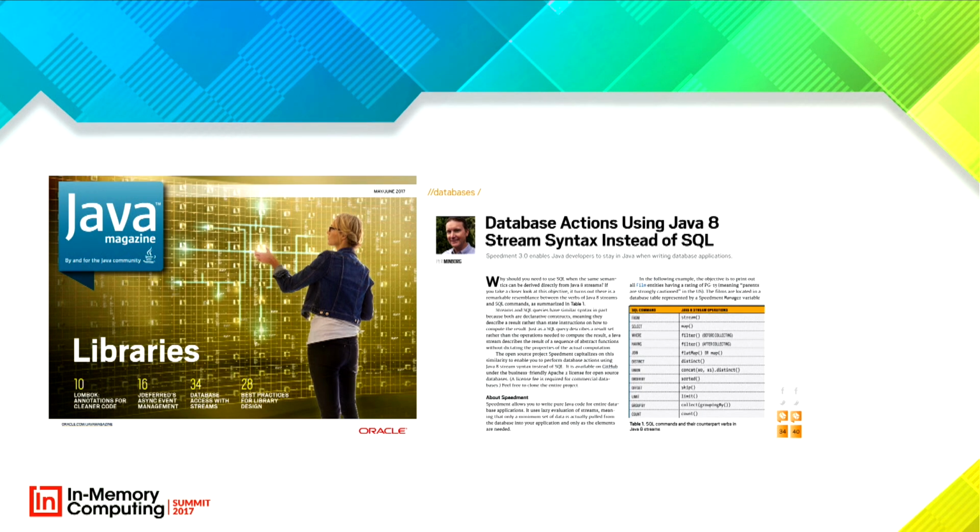In this particular example, there was some instruction on how to use streams instead of SQL. So in this case, it rendered SQL automatically from streams. But the nice thing is that you can also render it not to SQL, but to an in-memory graph. And that can be totally transparent. So you can use exactly the same API for SQL or for in-memory. The only difference is that it's perhaps 1,000 times quicker or 1,000,000 times quicker.